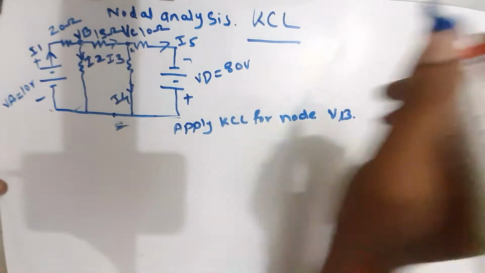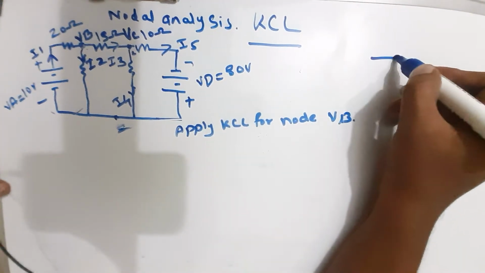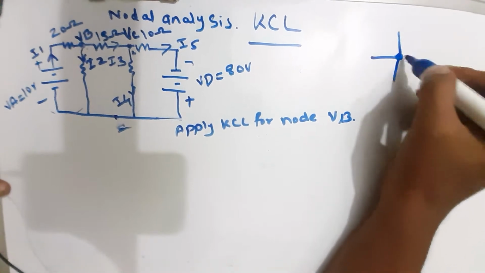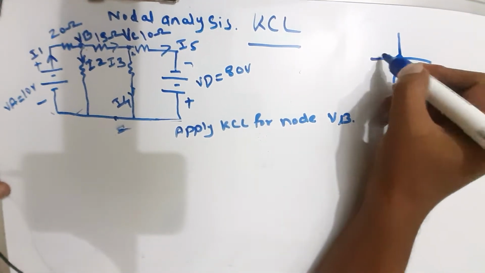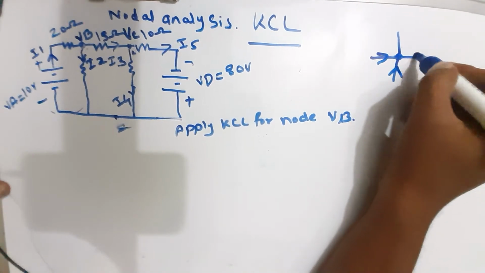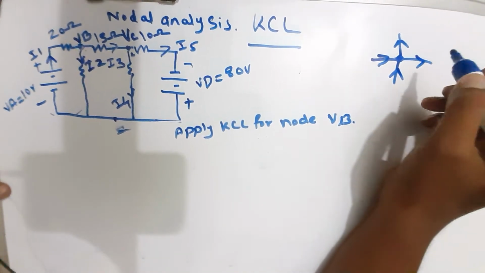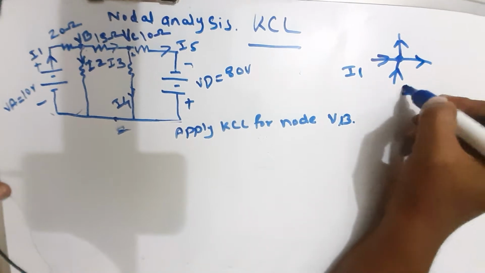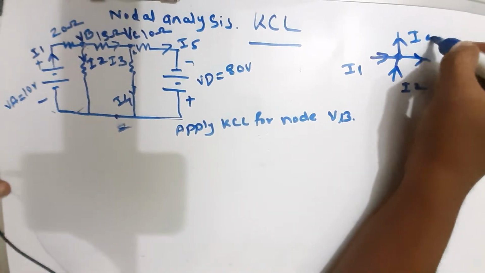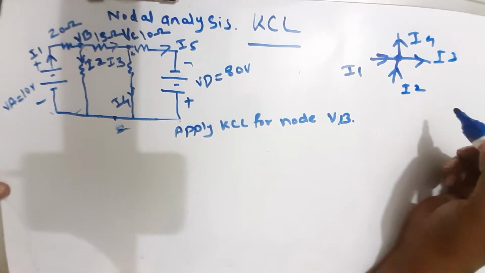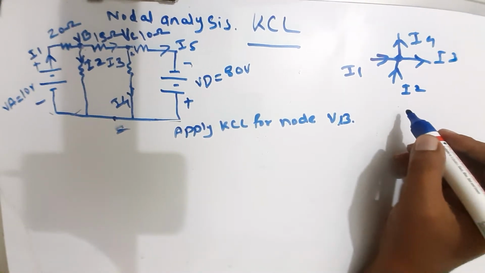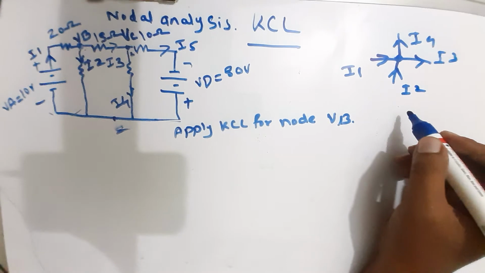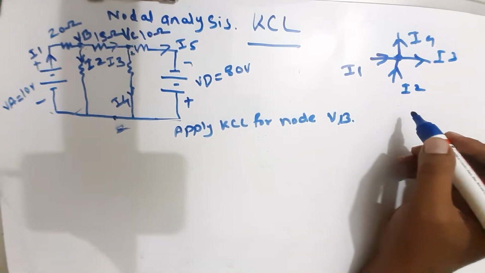So what is KCL? Just remember, this is a node, and we have to apply KCL at this node. Two currents are entering and two currents are leaving. I1 and I2 are entering and I4 and I3 are leaving. KCL tells us that the algebraic sum of entering currents must be equal to the algebraic sum of leaving currents.